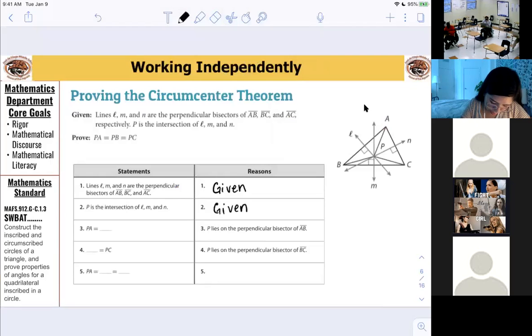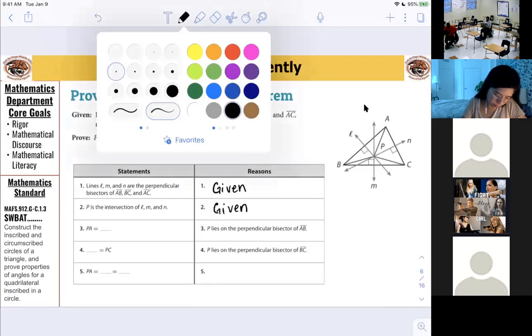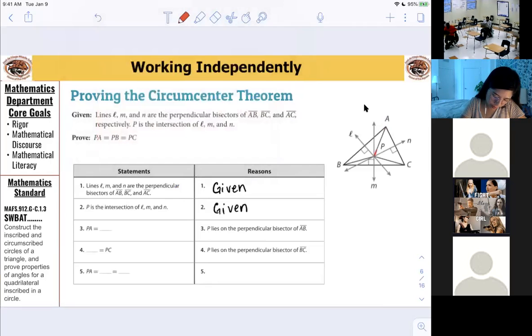Okay. Then it's saying that PA equals something. So let's think about it. What is going to be equivalent to PA? Wait, PC? PC. Yeah. So is it saying PA is equivalent to, and what Tyrone said was PC. And they're saying that the reason for this is that P lies on the perpendicular bisector of AB.